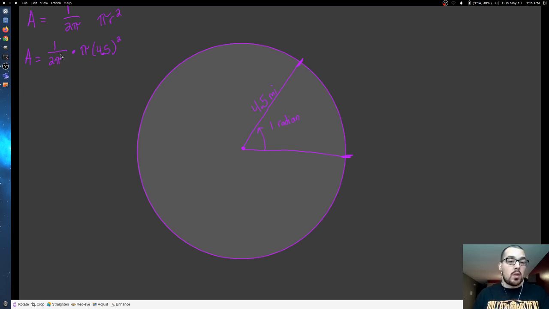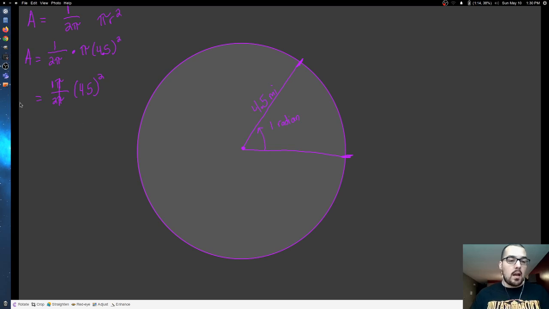You can do a little bit of algebra here and say that would be pi over 2 pi, which means the pi's cancel out, so that's just 1/2 of 4.5 squared, or you can plug that whole thing into your calculator. 4.5 squared, now let me take half of that.